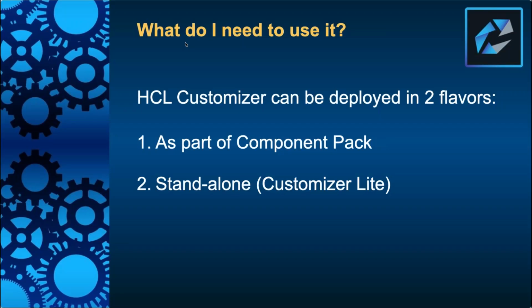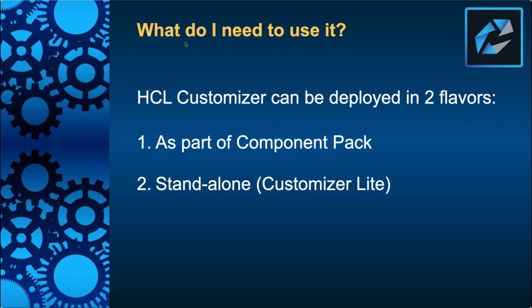Okay, so now let's talk about what you need to use it. Most importantly, the HCL Customizer can be deployed in two different flavors. And flavor doesn't mean in terms of what it can do. That's the same in both methods, right? This is really how do you actually roll it out? What infrastructure do you need to use it?